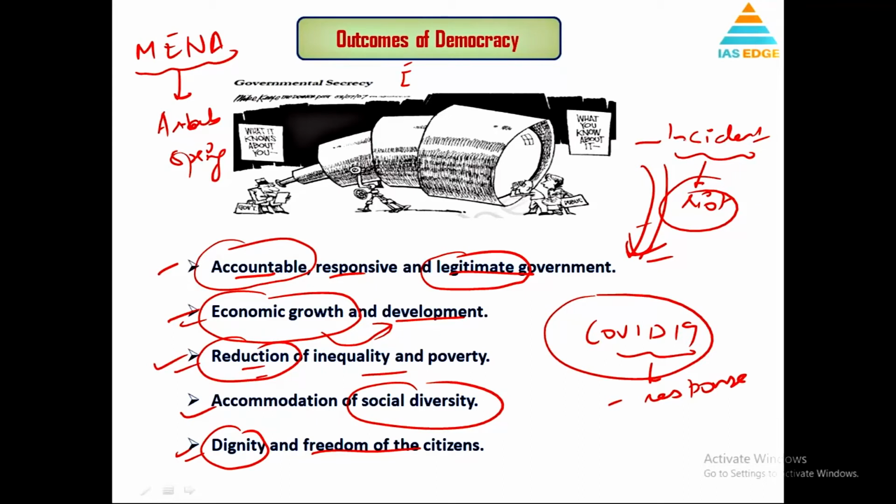In 2011, what happened? If I try to imagine the map of MENA, Middle East and North Africa, it was under the Arab Spring. It started from Tunisia, then it spread to many other countries, especially Egypt.